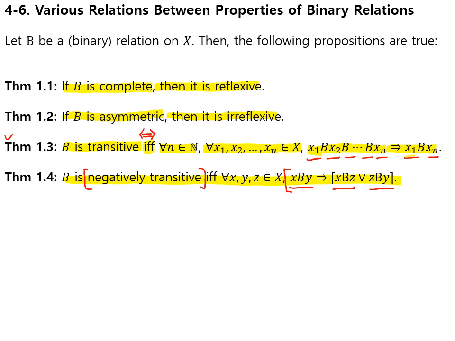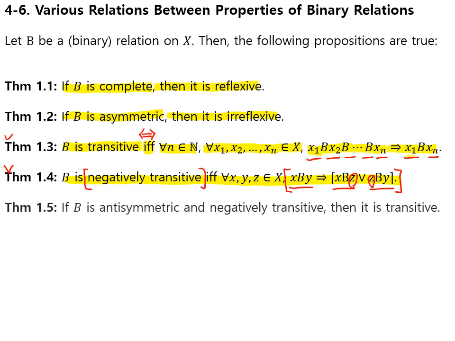So this would become much more handy when you want to examine whether negative transitivity is satisfied in a given relation. What it basically says is that if any two elements x and y are related, then the third element z has to be related to either x or y in this way. Okay, so we're going to also prove this a little bit later.